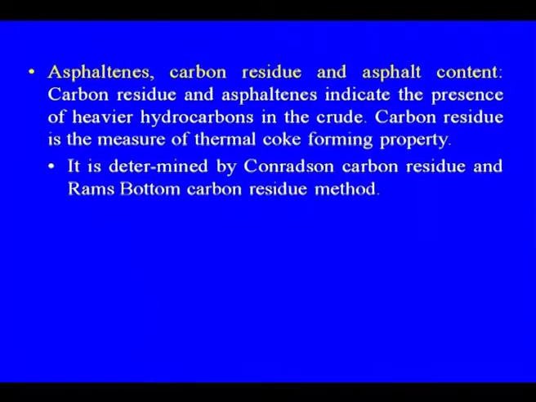It is determined by the Conradson carbon residue and the Ramsbottom carbon residue methods. Both methods are used, and based on that you can find out the carbon residue from a particular type of crude.